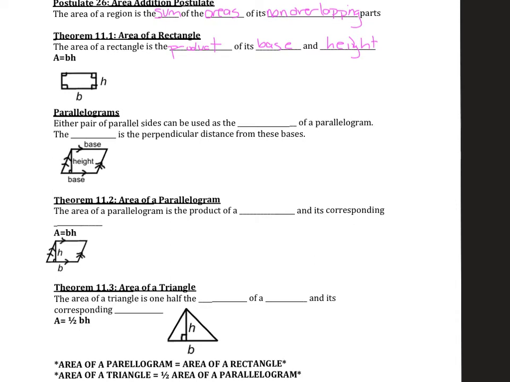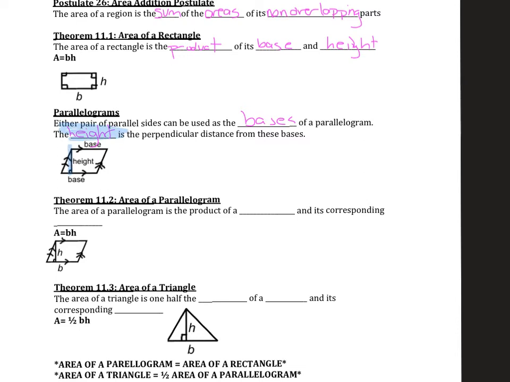When we talk about parallelograms, we want to be able to identify what the bases are. So either pair of parallel sides can be used as the bases of a parallelogram. And then the height is whatever the perpendicular distance between the bases is. So in this diagram, the way it's labeled, this would be the height.